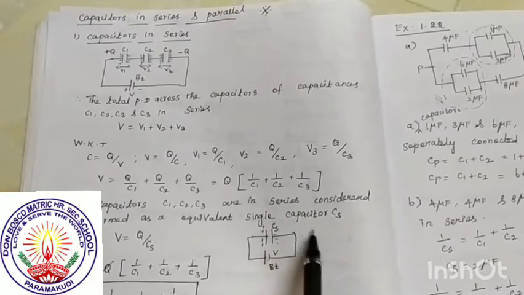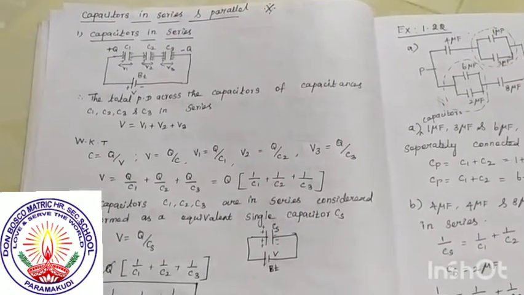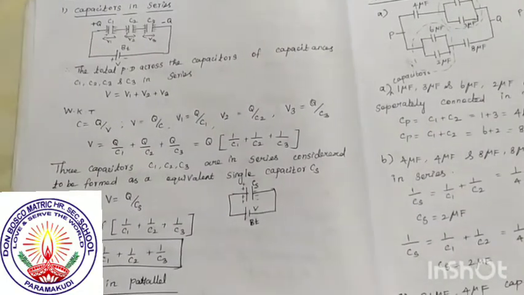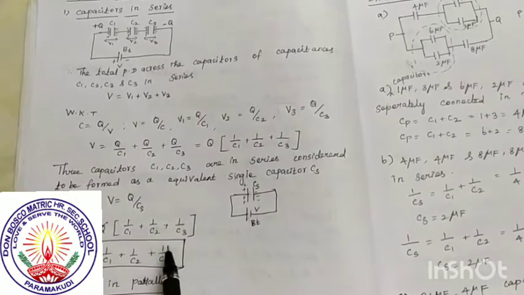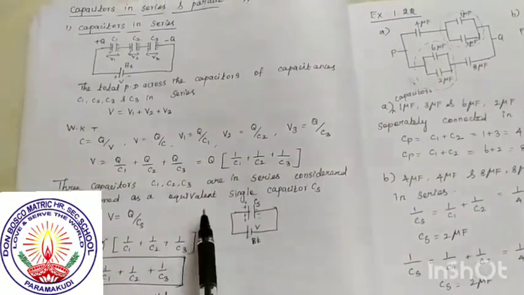The positive terminal is connected to the battery positive and the negative terminal is connected to the battery negative. And already we know that capacitance is Q by CS and Q is equal to the remaining terms. So Q gets cancelled. So the remaining term 1 by CS equals 1 by C1 plus 1 by C2 plus 1 by C3. Is it clear? So this is one of the important 5-mark questions.